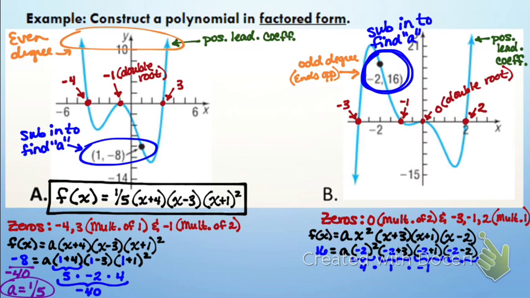And -2 minus 2? -4. Multiply all those together and I get positive 16. So that's what I have to divide over here to find A, which means A is 1.